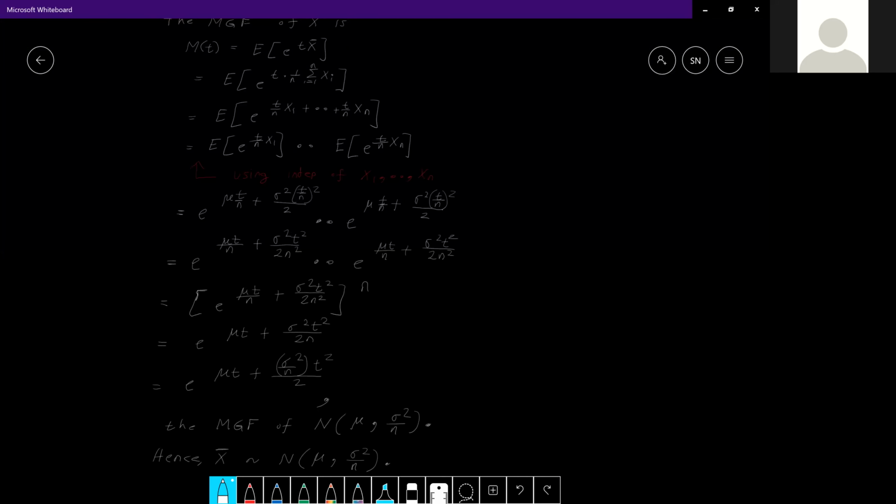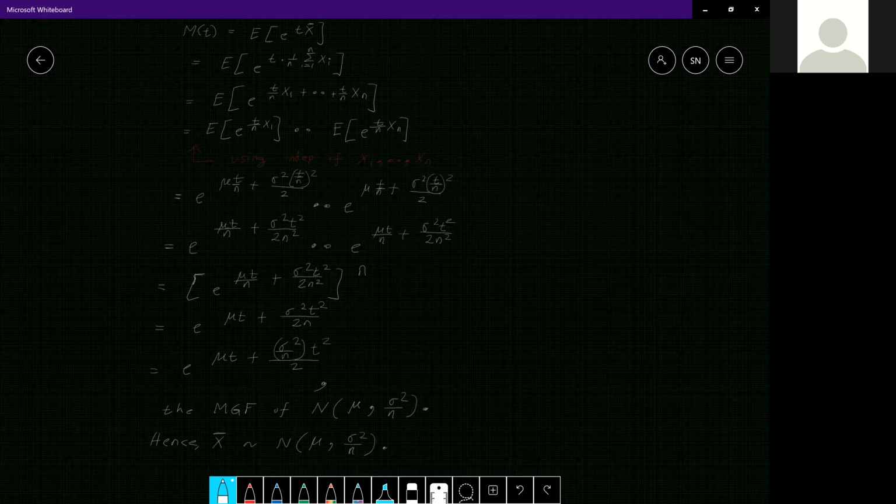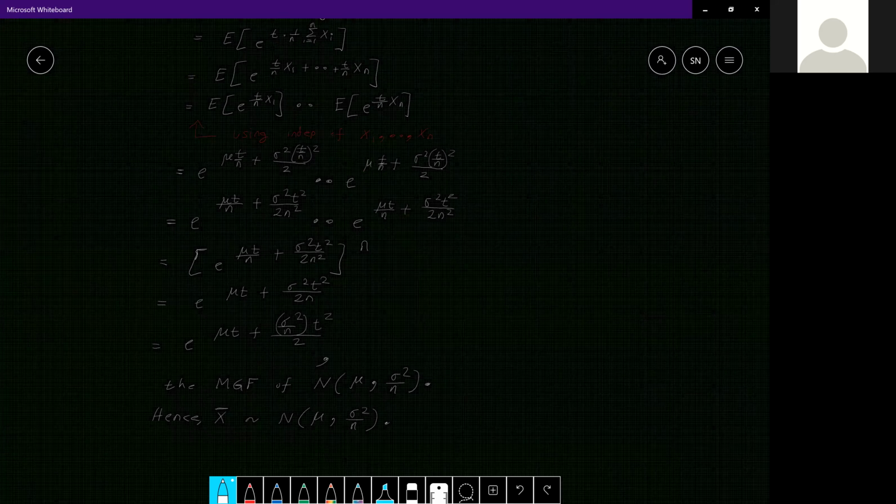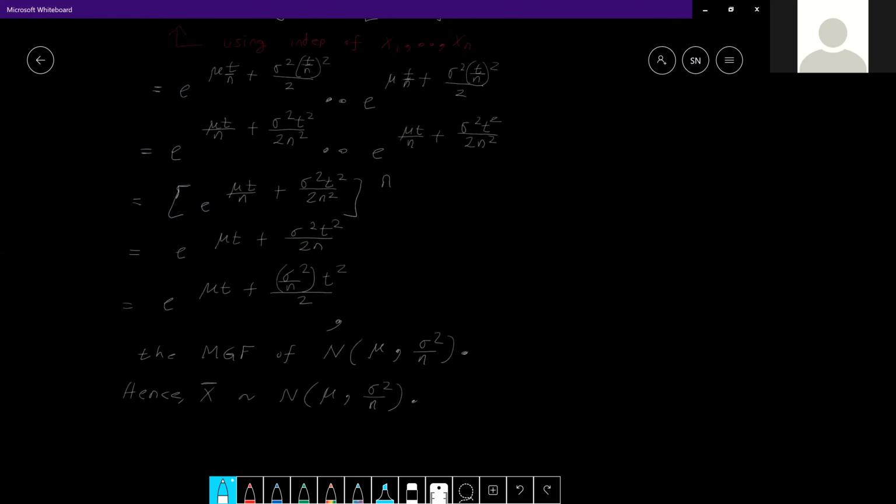I started with the MGF of X bar and showed that it is equal to this, which is the MGF of a normal variable with parameters mu and variance sigma squared by n. Hence, X bar must have this distribution, that is, a normal distribution with mean mu and variance sigma squared by n. All right, guys, any questions? So this is the second application I wanted to talk about today. So the proof is complete once again.